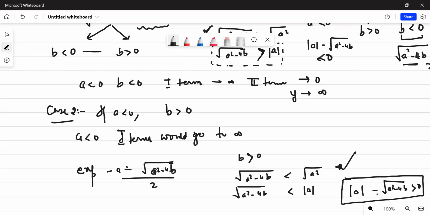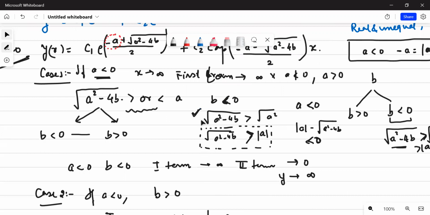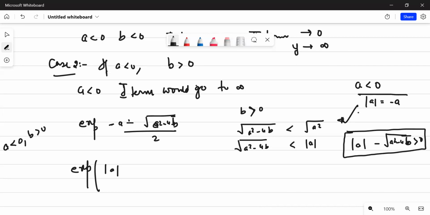Now, if this is the case, that is, if magnitude of a minus root over a square minus 4b is greater than 0, then what will happen? You can see here that if I consider the second term, if a is less than 0 and b is greater than 0, then this term I can write as exponential modulus, because again I told you that if a is less than 0, magnitude of a can be written as minus of a. So the first term is minus a, so I am writing magnitude of a minus root over a square minus 4b divided by 2 times x. Now you can see that mod of a minus root over a square minus 4b is positive.